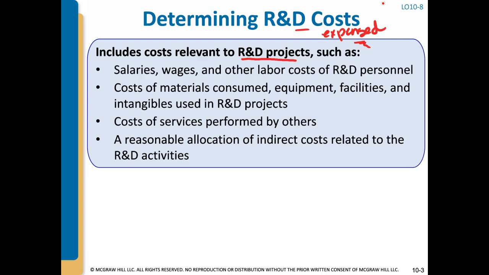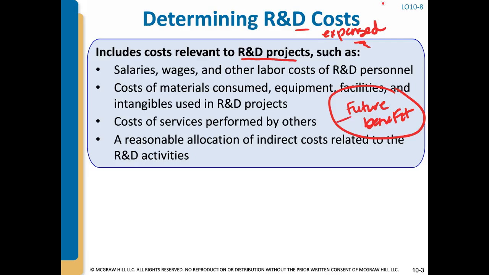And the reason it is expensed is because in order for an asset to be capitalized, think of the definition of an asset, it generates future benefit. And when you have R&D, these research and development projects, they might generate future benefits, but they might not.